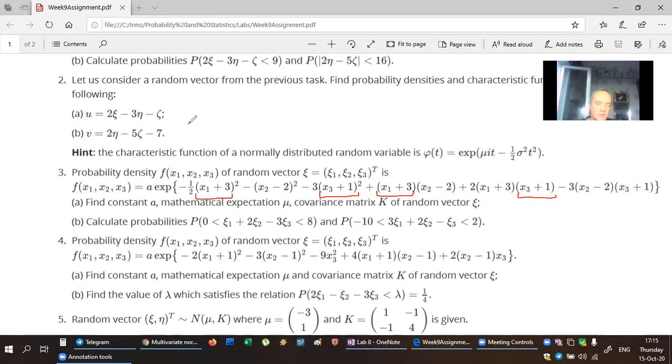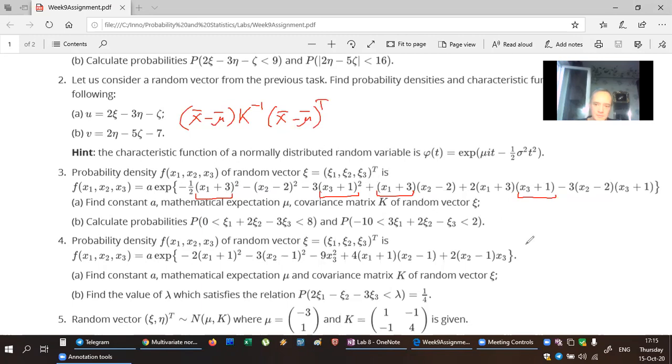And if we take a look at the PDF for the vector, we see that it is x minus mu multiplied by a matrix, let me say K in the power of minus 1, and x minus mu transposed.